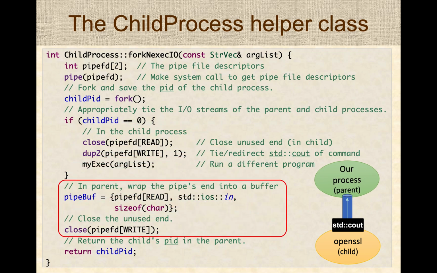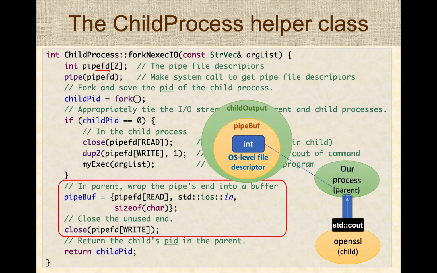Meanwhile, in our parent process, remember that we have now two processes running. First thing that we do is we take our operating system level file descriptors associated with a pipe, and then we wrap it into our pipe buffer and the output stream to ease reading data, just as we saw before.